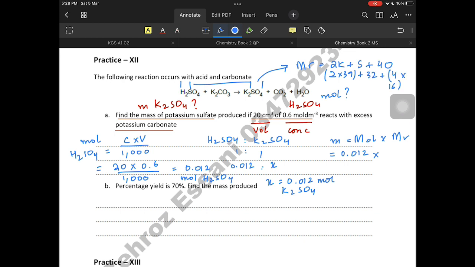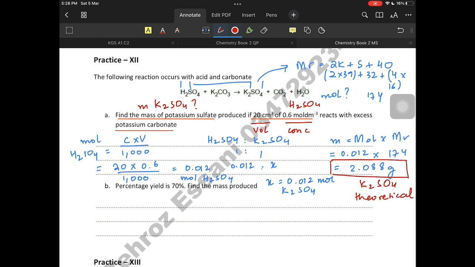It's going to be equal to 32 plus 64 plus 2 times 39, 174 grams per mole. So this is the molecular mass. When you find the mass, it turns out to be 2.088 grams. This is the mass of potassium sulfate theoretically calculated after your mole ratio.